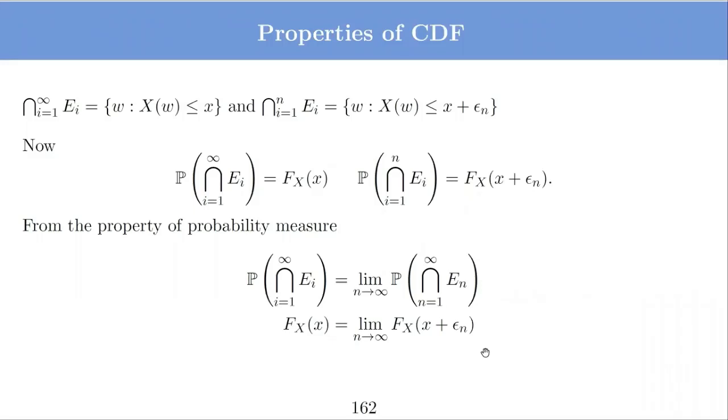Now, this is the size of this set, 1 comma 2. If you decrease 2, if you move from 2 to 1.5, then the difference between the CDF at 1.5 and the CDF at 1 is just the probability of the set of all outcomes which map between 1 and 1.5.